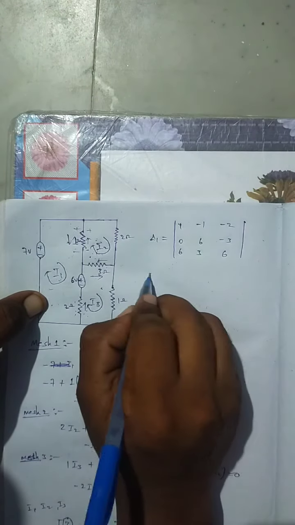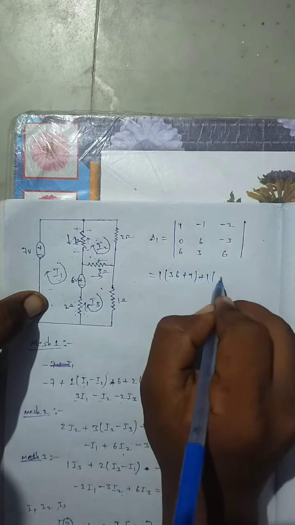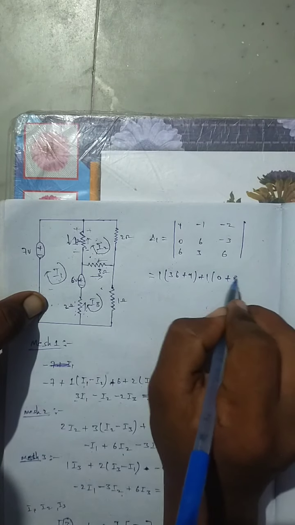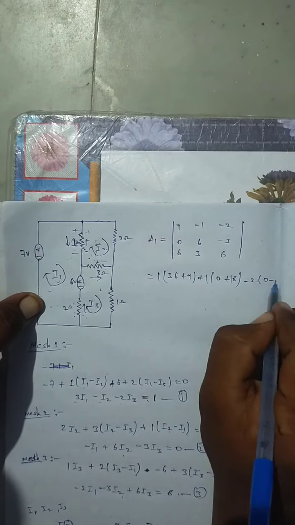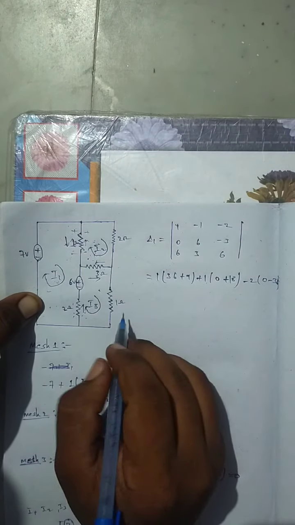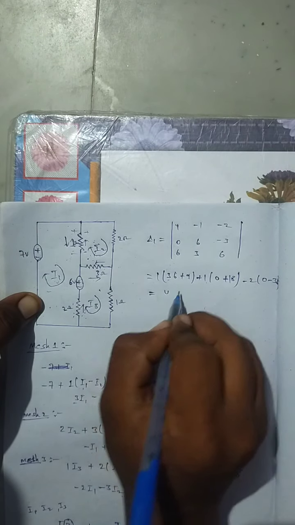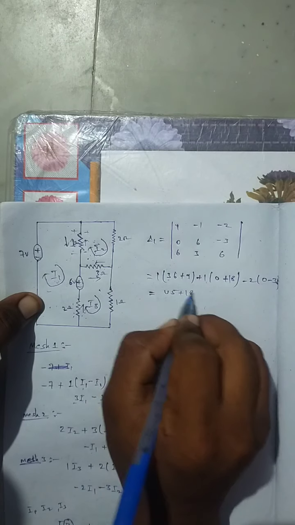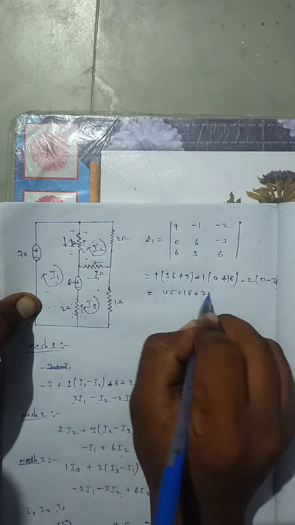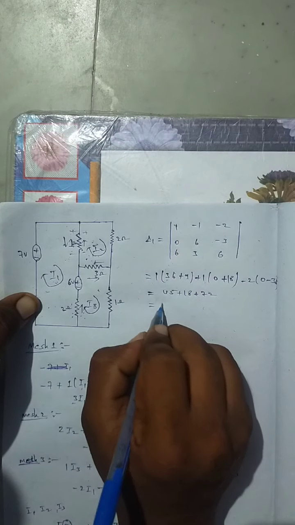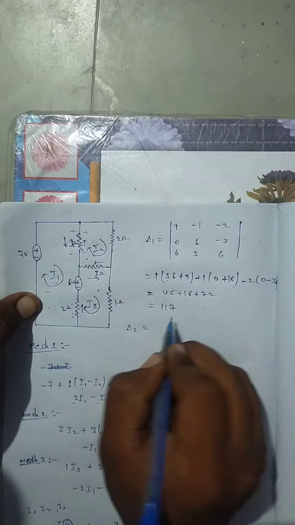That is equal to 1 into (36 minus 9) plus 1 into (0 plus 18) minus 2 into (0 minus 36). Here 36 plus 9 is 45, plus 18, plus 72, is equal to 117.